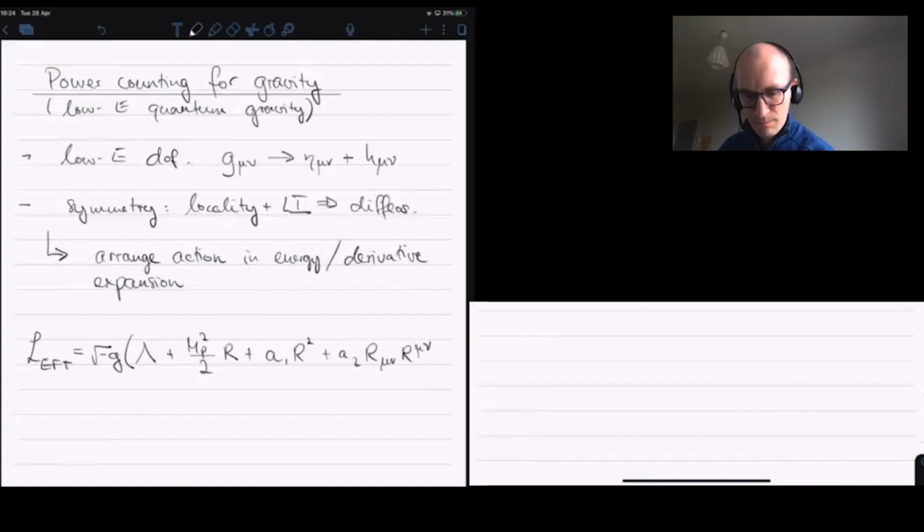Let me continue here. So we have A3. I'm just going to write a bunch of terms. So this is like R mu nu rho sigma R mu nu rho sigma, the Riemann squared. And then we go to the order of curvature cubed interactions. I mean, I'm just giving you examples, okay?